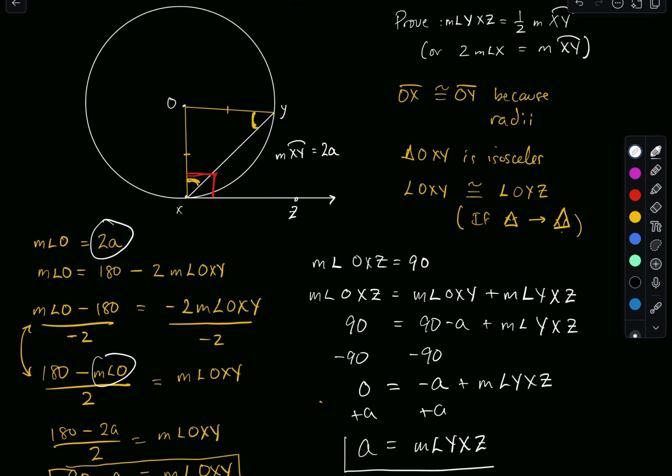Hey, look, that means that the measure of angle YXZ equals 1/2 the measure of XY, because this is 2a. So I've proven it. There it is. The measure of angle YXZ is 1/2 the measure of the arc.